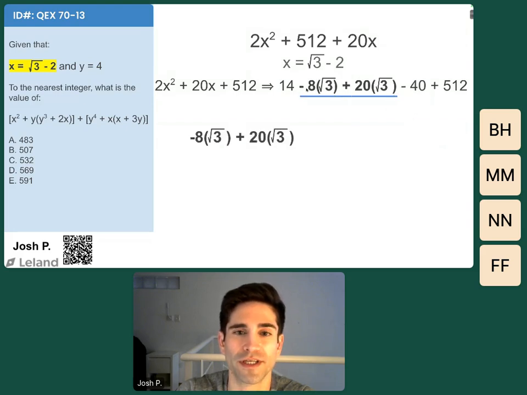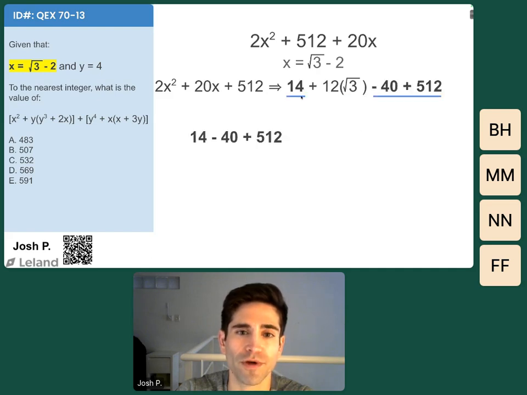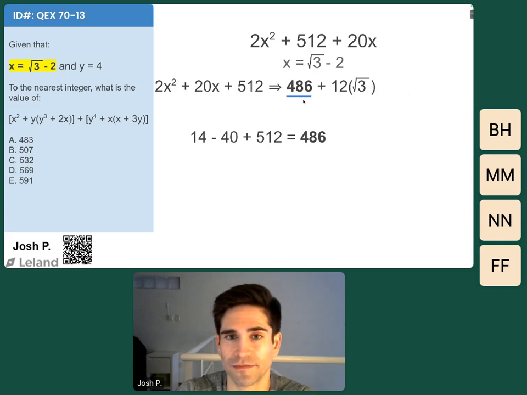And now we see similar terms. We have minus 8 square root 3 plus 20 times square root 3, which gives us 12 square root 3. When we look at 14 minus 40 plus 512, we have 486.